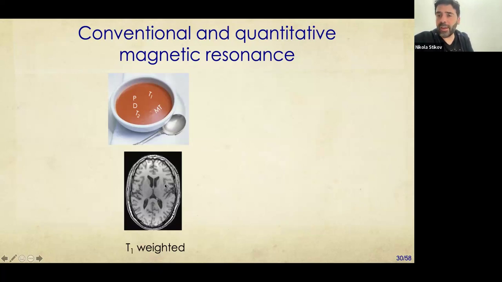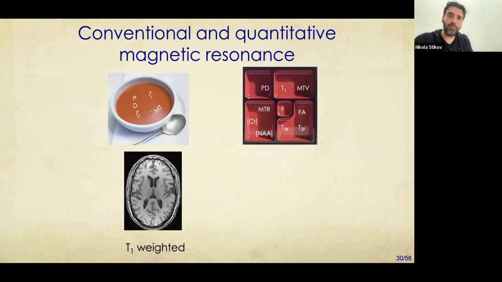And if there is a tumor, I expect the tumor to have different contrast, and I will be able to capture it. The problem with that is it's really difficult to do any kind of quantitative analysis because it depends on when you did the scan, where you did the scan. Longitudinally, it's difficult to follow. Comparing patients is also very difficult. Unlike conventional MRI, there is something called quantitative magnetic resonance imaging.